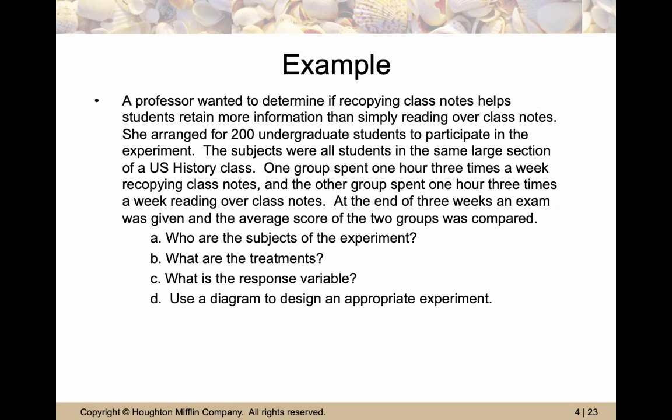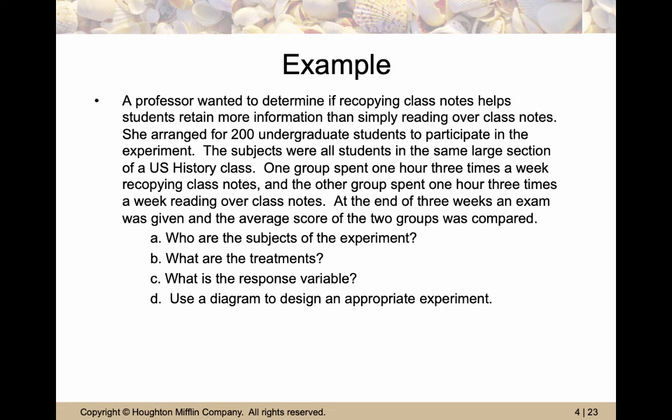So there's the control of other variables: they take the class at the same time of day, same days a week, same professor, so many variables are the same. One group spent 1 hour 3 times a week recopying notes, and the other group spent 1 hour 3 times a week reading over class notes. At the end of 3 weeks, an exam was given, and the average score of the two groups was compared.